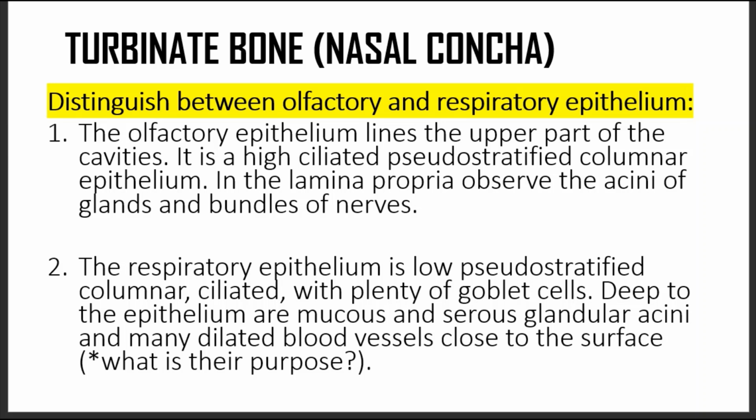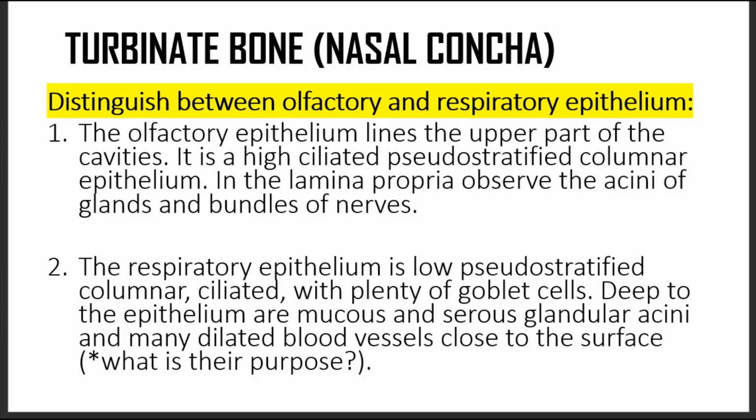In the lamina propria, you should observe the acini of the glands, which are called Bowman's glands, and the bundles of nerves. The respiratory epithelia is a low pseudostratified columnar epithelia. So that's one difference. The olfactory epithelia is high ciliated pseudostratified columnar, whilst the respiratory epithelia is a low pseudostratified columnar ciliated epithelia.